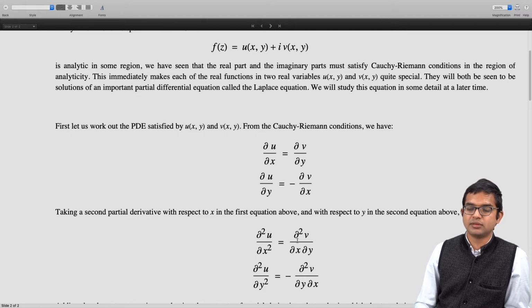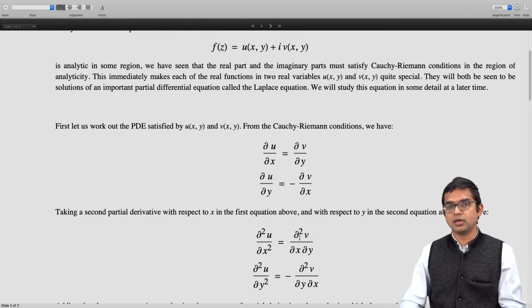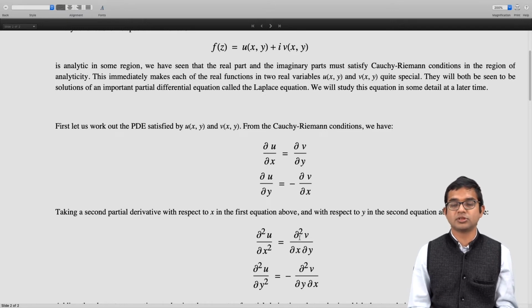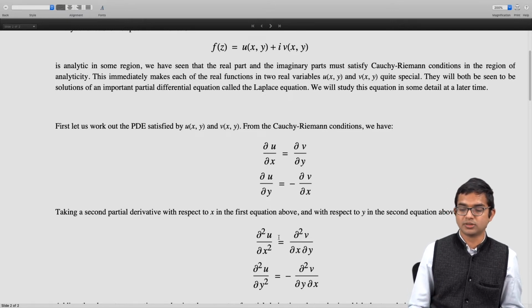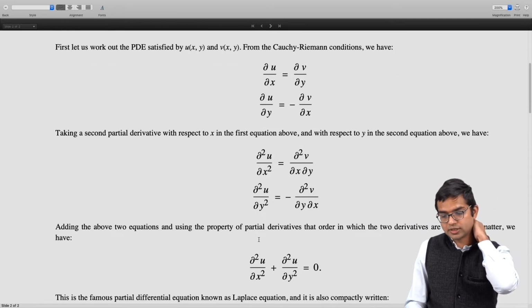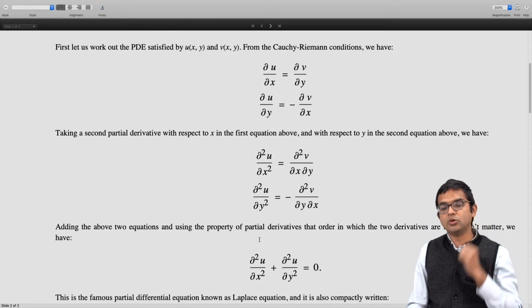Right, so we see that the right hand side in these two equations are really the same except for a minus sign, because it doesn't matter in which order you take the partial derivative. So ∂²v/∂x∂y is the same as ∂²v/∂y∂x. So when you add these two, you get ∂²u/∂x² plus ∂²u/∂y² equal to 0.